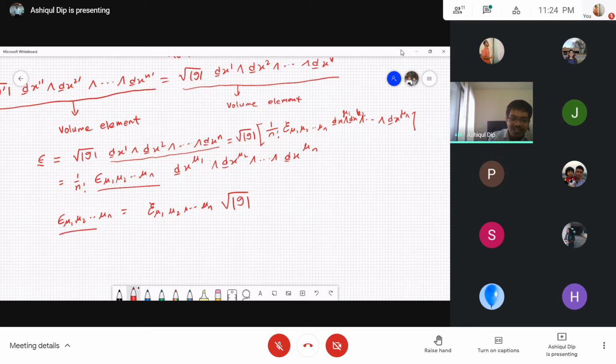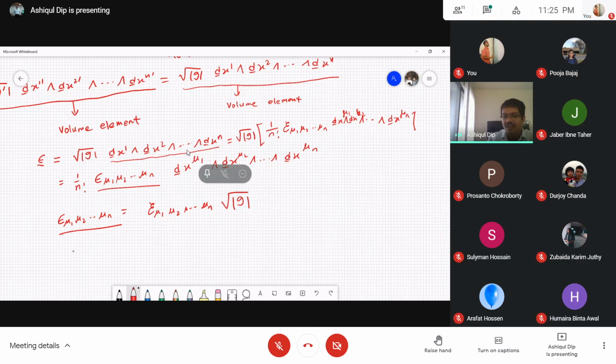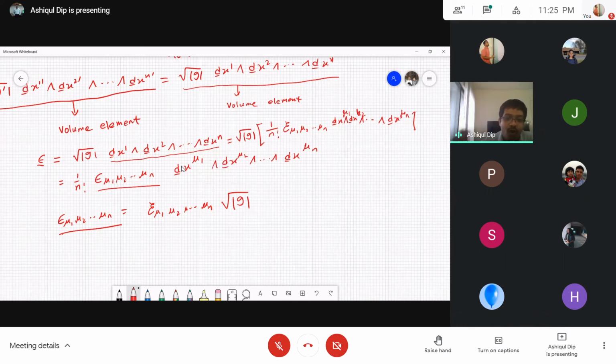These objects are now tensors: epsilon mu1 mu2 up to mu n are the components of a tensor. Whenever you go to a new coordinate system, you have your E multiplied by this square root of g. So even in new coordinates the form remains the same, and that root g term responds to the transformation. So these are our well-behaved tensors.